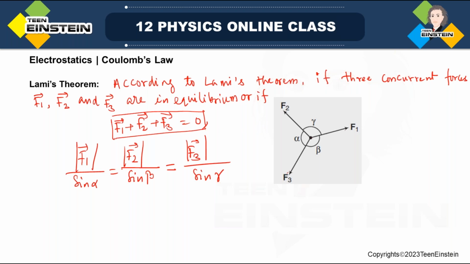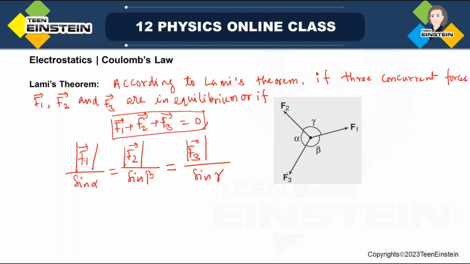In that situation, Lami says that the ratio of the modulus of a force to the sine of the angle between the other two forces is the same for all three forces. So I can just demonstrate for you.